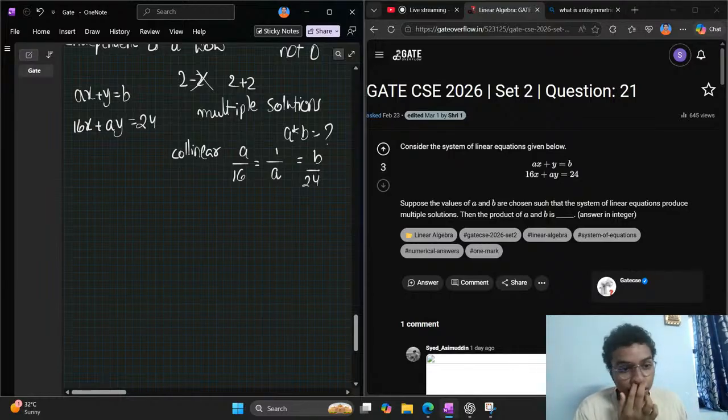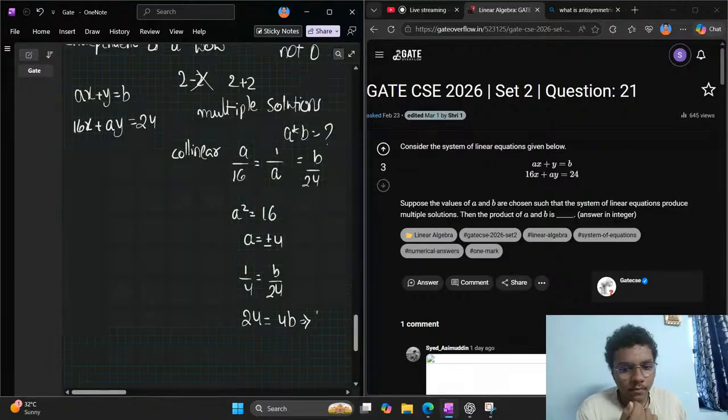Actually, a square is equal to 16. a is equal to plus or minus 4. 4 6s are 24.